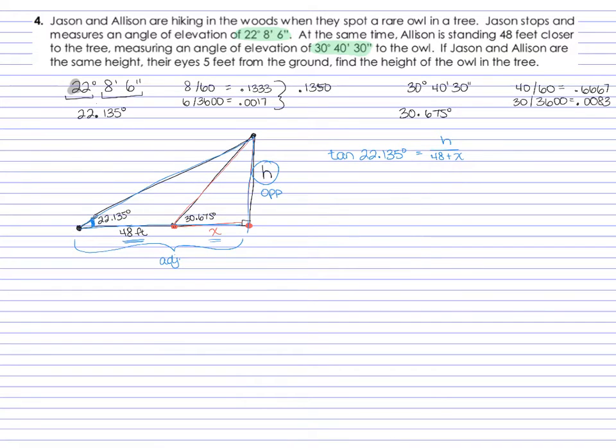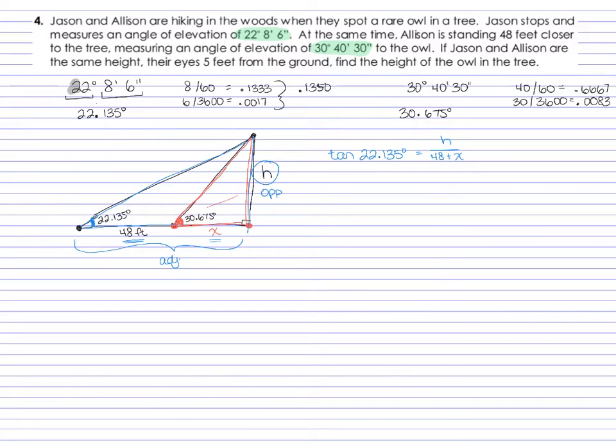So now I have an equation that has two variables. If you remember when we did systems of equations back in Algebra 1, if you have two variables that you're trying to solve for, you have to have two equations. Luckily, we can make another equation using Allison's triangle, this red one. So again, we're working from this angle, this 30.675.